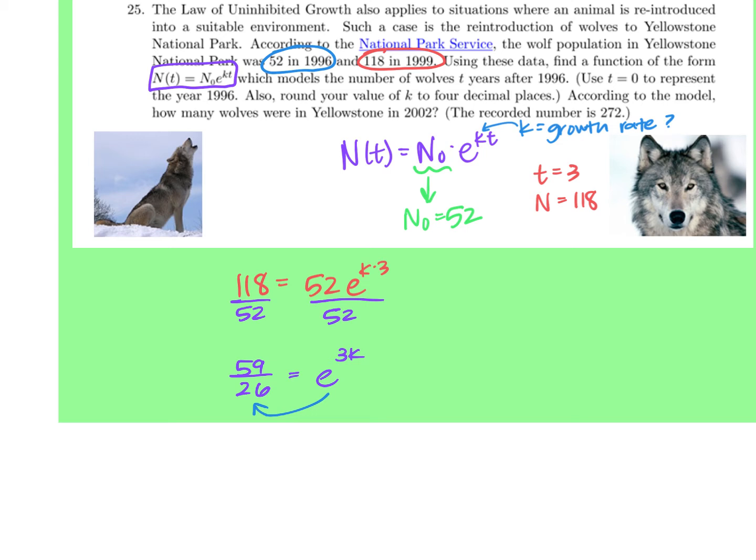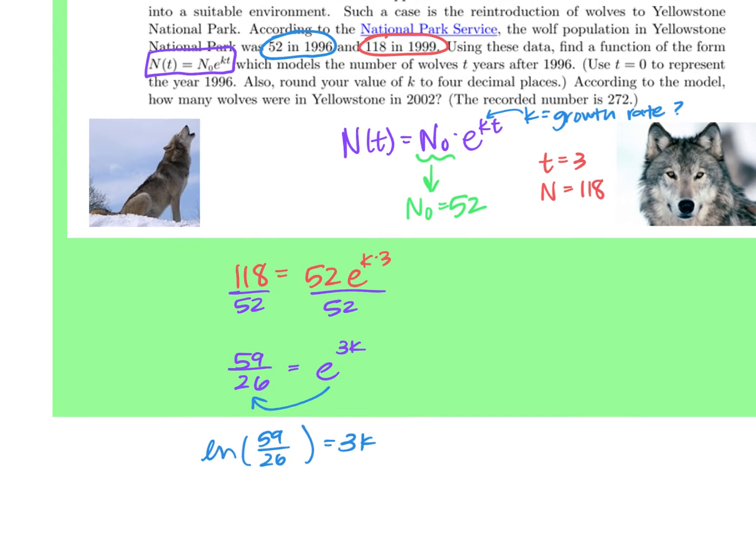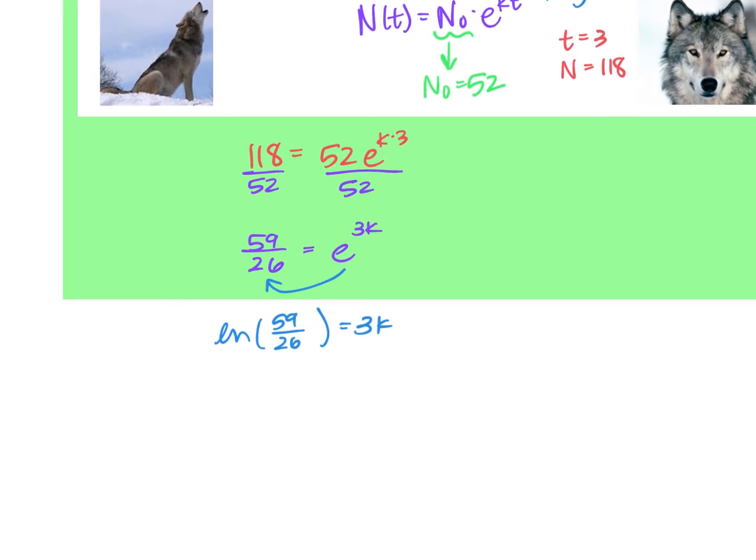Changing into log form, I get the natural log of 59 over 26 is equal to 3k. My last step is going to be to divide by 3. You can write it as that expression over 3. You could also write it as 1/3 times the natural log of 59 over 26. And that's k.